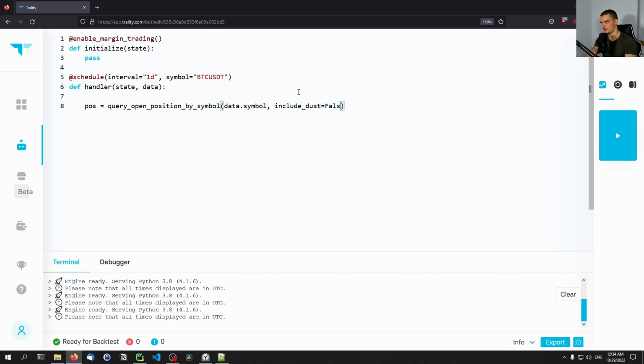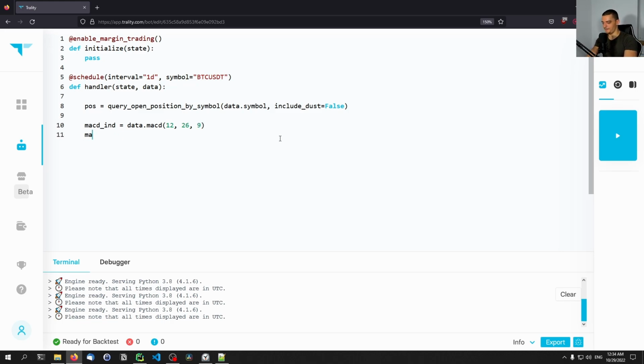dust equals false. And then we're going to compute the MACD indicator by saying MACD underscore int is going to be equal to data MACD. We're going to pass here the values 12, 26 and then of the result 10. So this is the 12-day, 26-day, and 9-day exponential moving average. We can also change that.